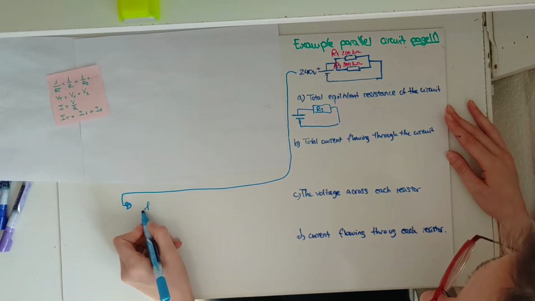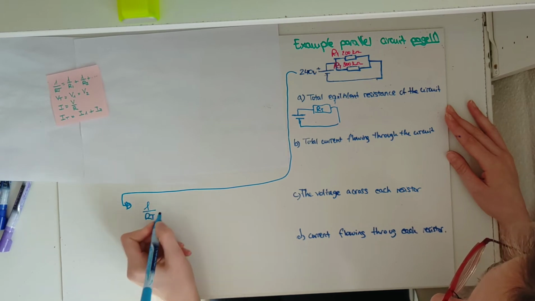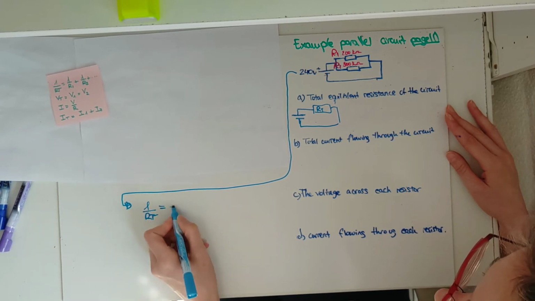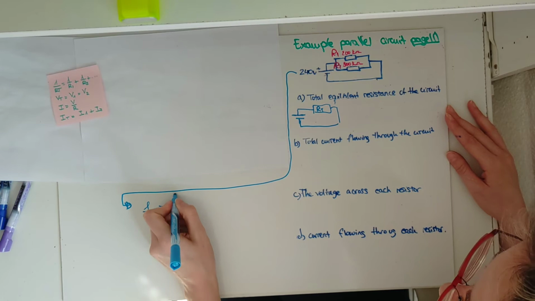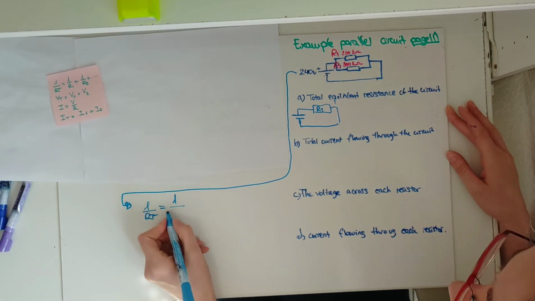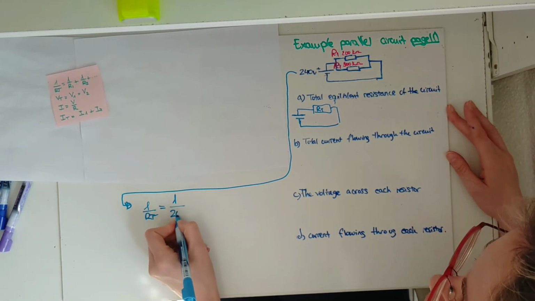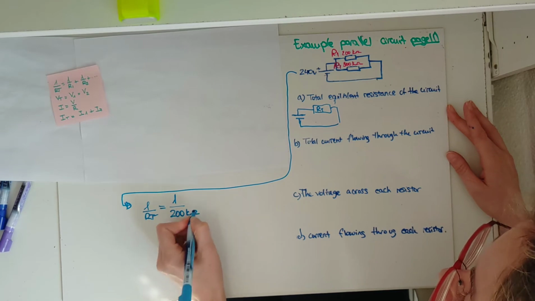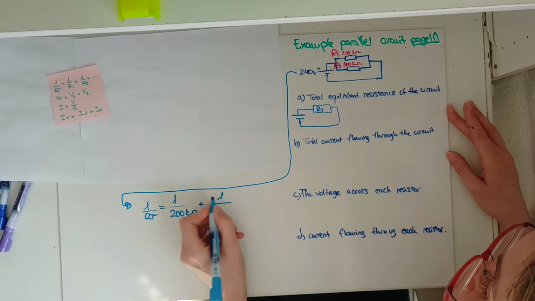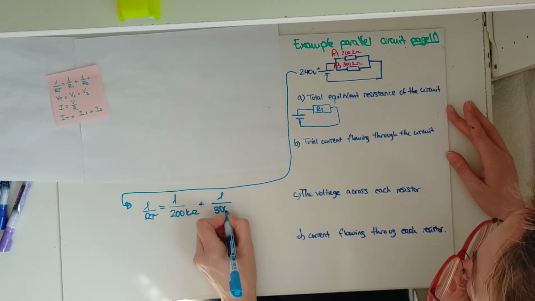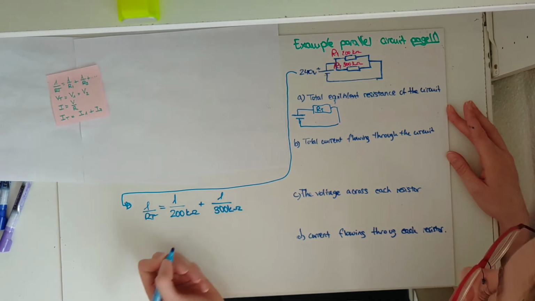The formula is 1 divided by total resistance is 1 divided by resistor 1, 200 kilo ohms plus 1 divided by 300 kilo ohms.